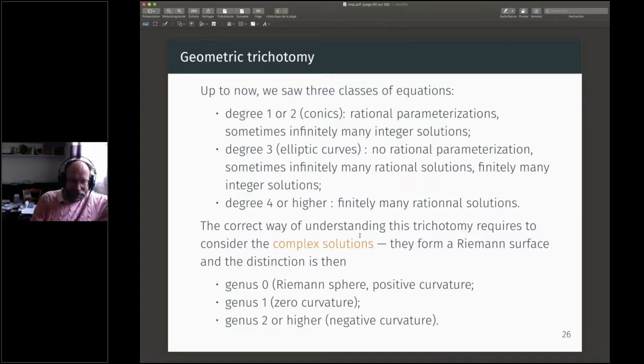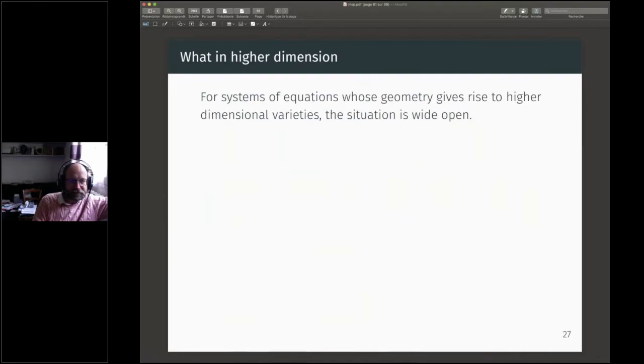And this is the correct way to understand what happens, except that there is no proof of what happens in those cases just by this point of view of positive or zero or negative curvature. I mean, all proofs are different, but at some point, they will exploit those geometric properties. And in higher dimension, it's remarkable that despite all the progress of the 19th and 20th century, the situation is wide open.